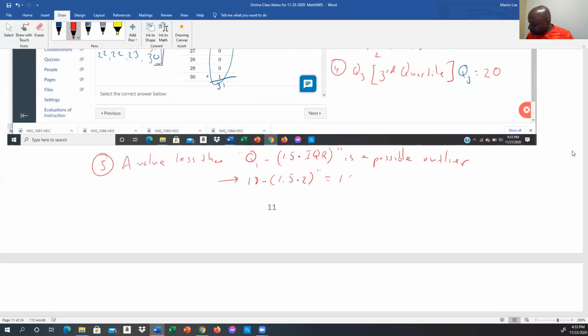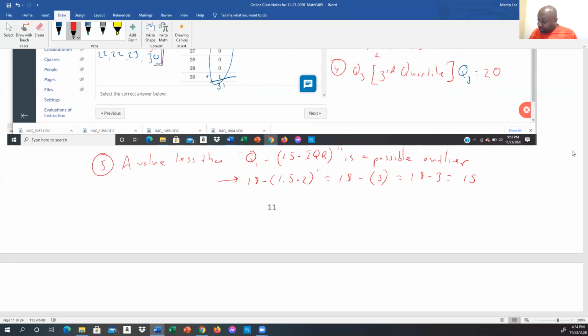So this equals 18 minus, okay, 1.5 times 2 will give me 3. This equals 18 minus 3, which equals 15.